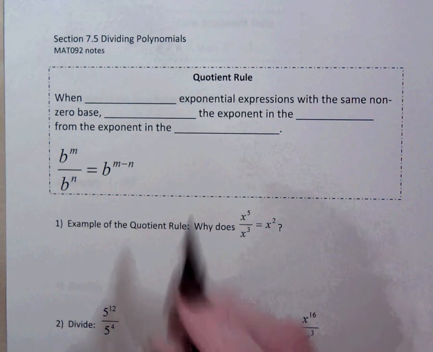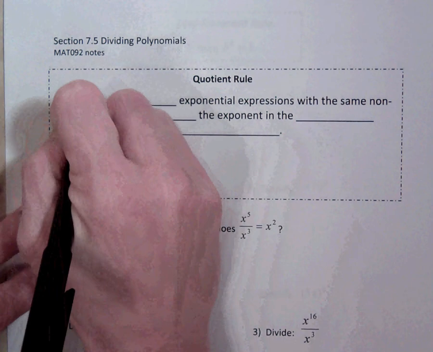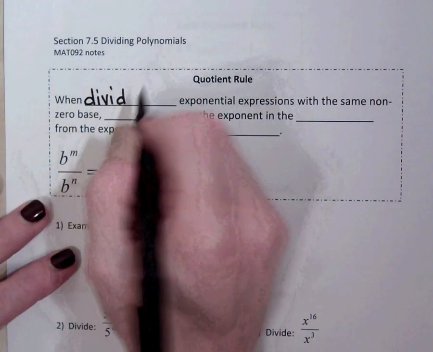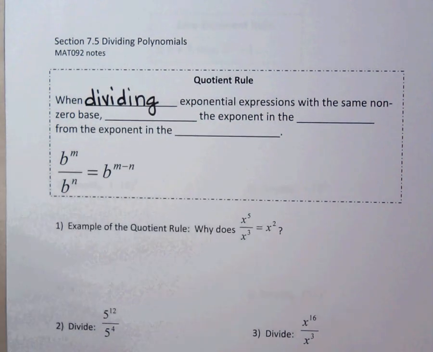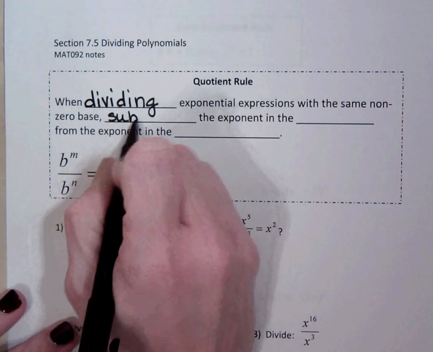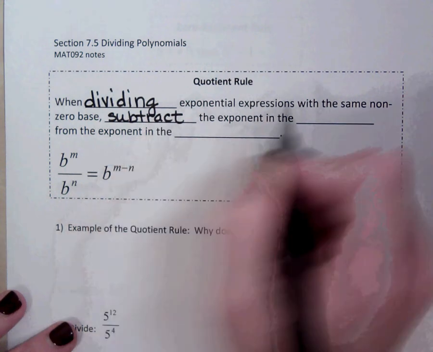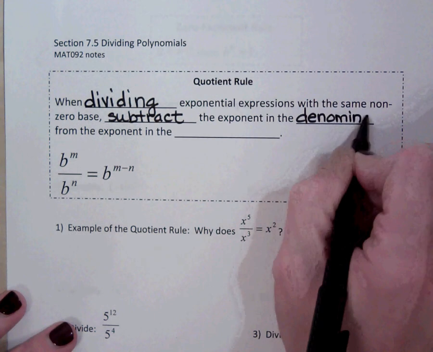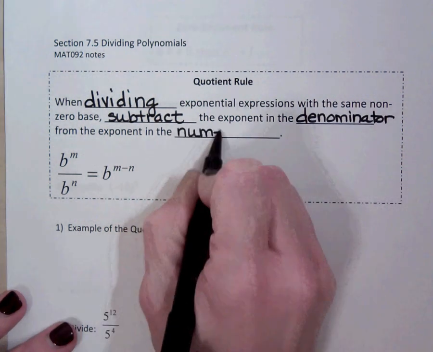The quotient rule tells us that when we are dividing exponential expressions with the same non-zero base, we subtract the exponent in the denominator from the exponent in the numerator.